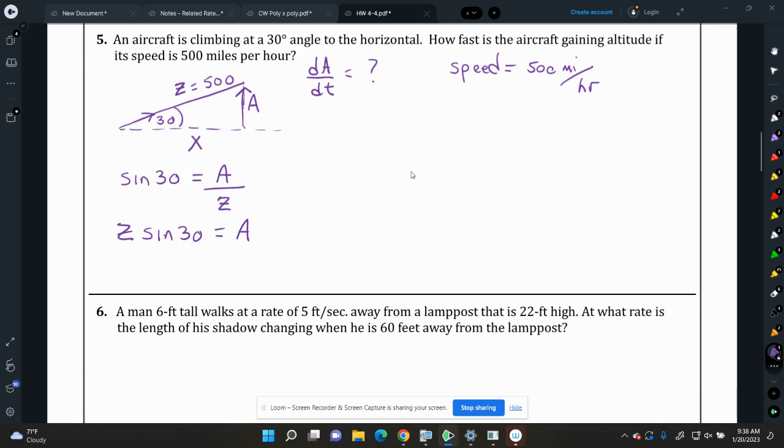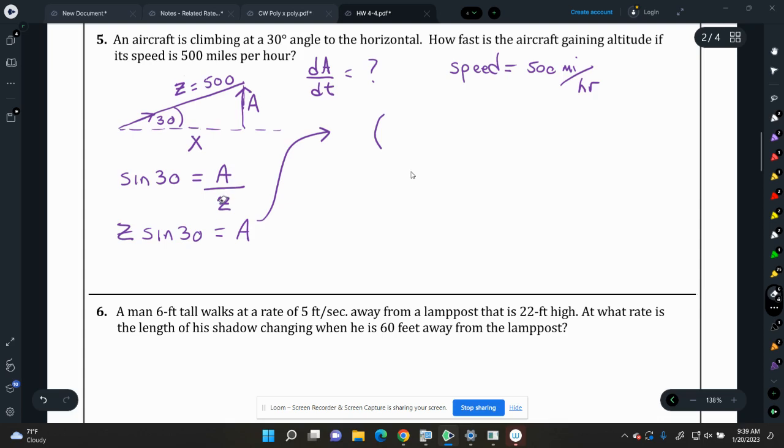Okay, so let's differentiate. This is the first times the derivative of the second. Now, what is the sine of 30? It's 1/2. Say you didn't put the Z in front before, and you just did the quotient rule, would that make it a lot more difficult? No, it's just different.